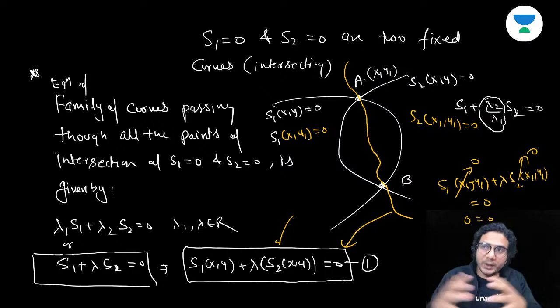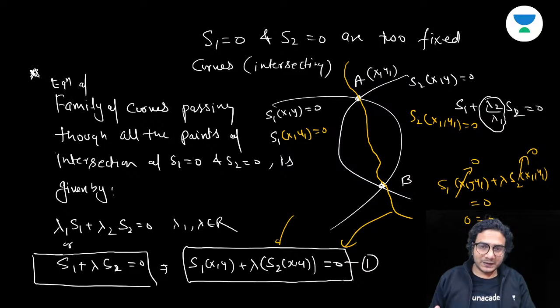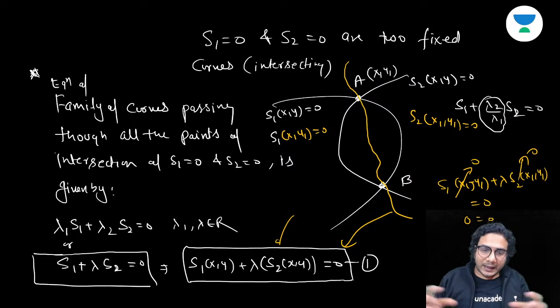So when you add 2-degree curves, suppose two parabolas S1 and S2, and you add them, S1 plus 2S2 or S1 plus 3S2, then you might get a parabola or you might get a circle as well. So it is not necessary that if you are adding two parabolas, you'll get a parabola only.